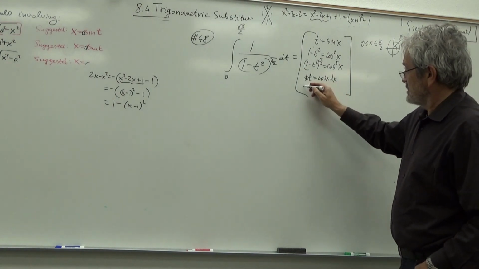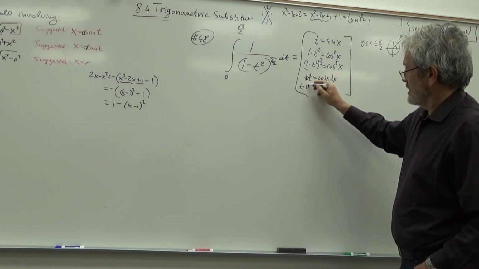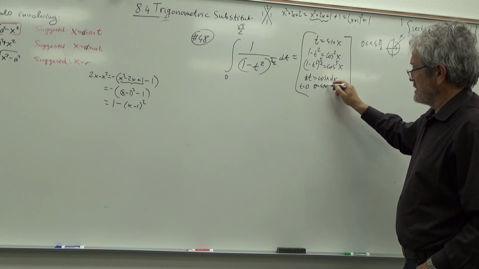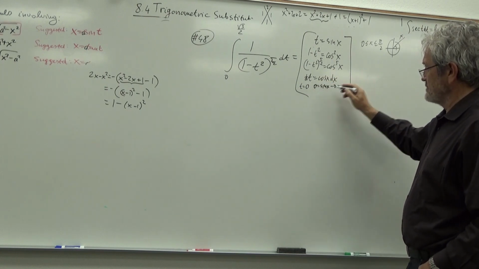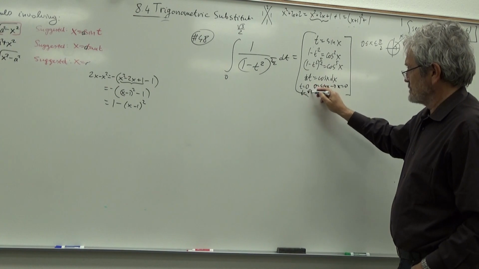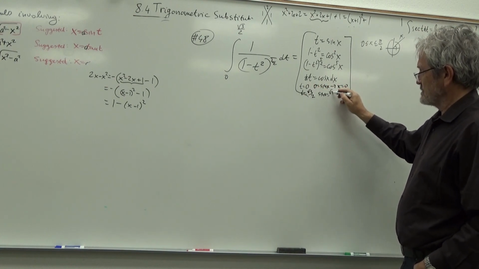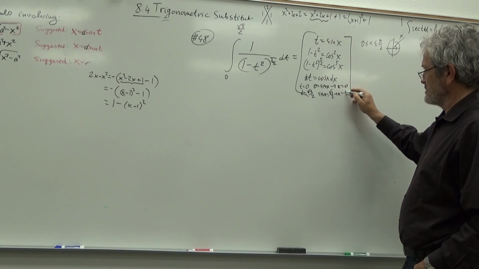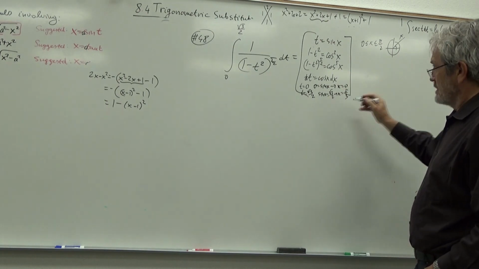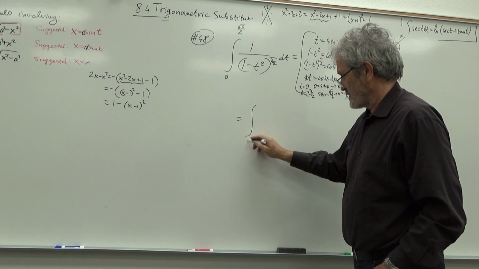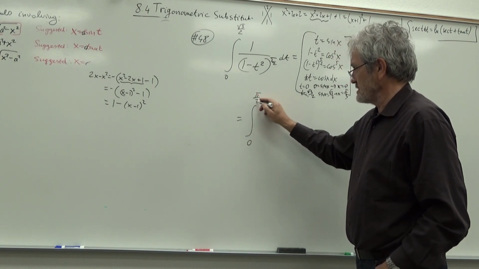So when t is 0, we get 0 equals sine x, so x is 0. When t is root 3 over 2, sine x is root 3 over 2, so x is pi over 3. So our integral goes now from 0 to pi over 3.